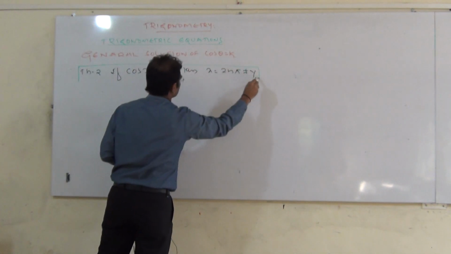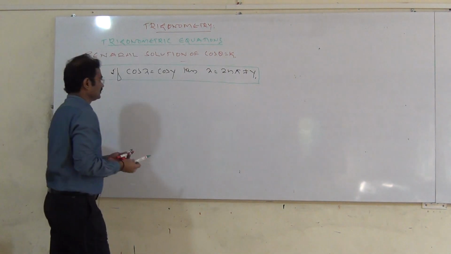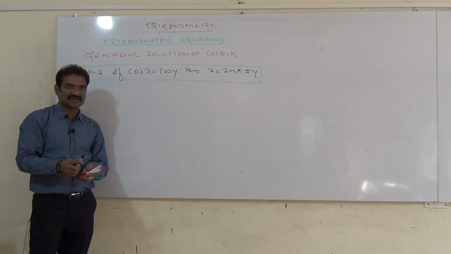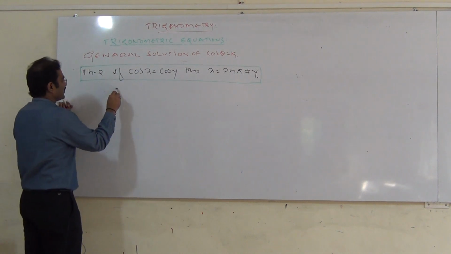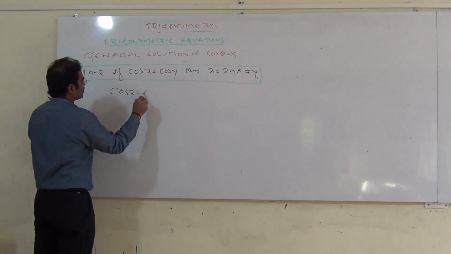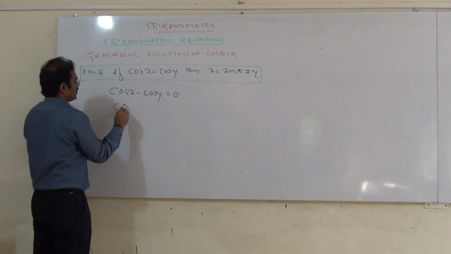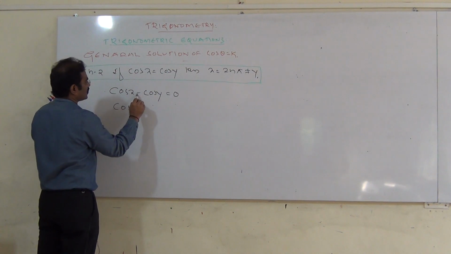I have to prove this theorem. Now the things are very simple. In the beginning it takes time, but later it moves very easily. Cos x is equal to cos y.